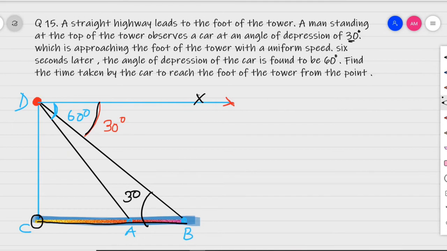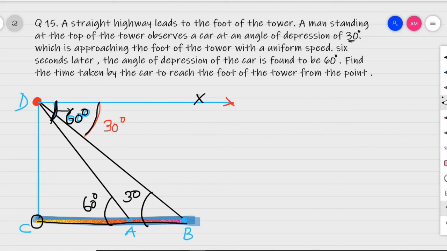This one is 60 degrees, this part is 60 degrees, so this one is 60 degrees by alternate angles of parallel lines. See, 60 degrees here, that means 60 degrees here also.